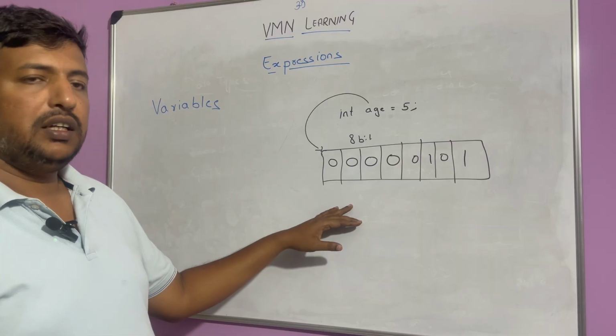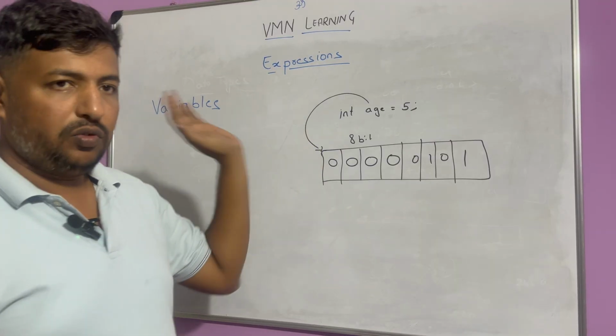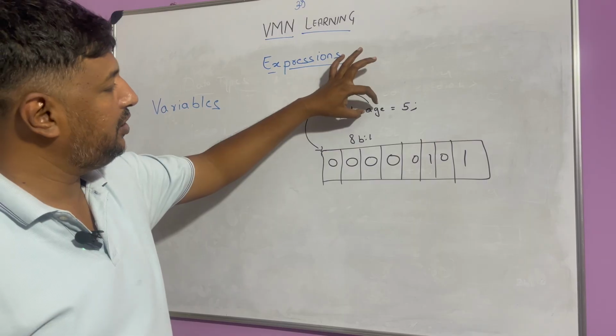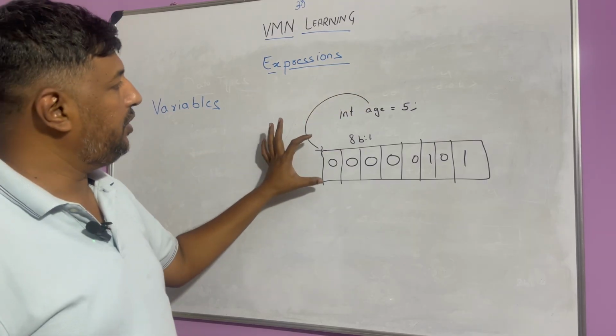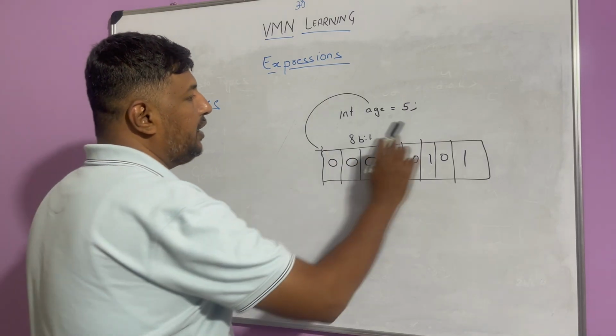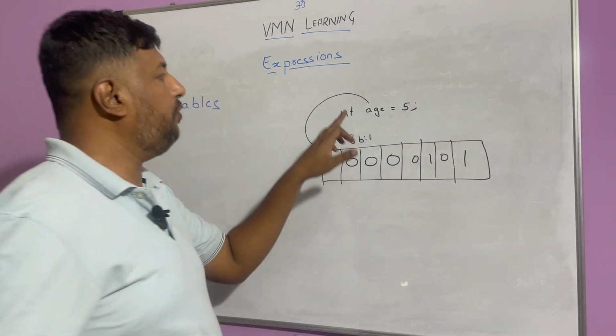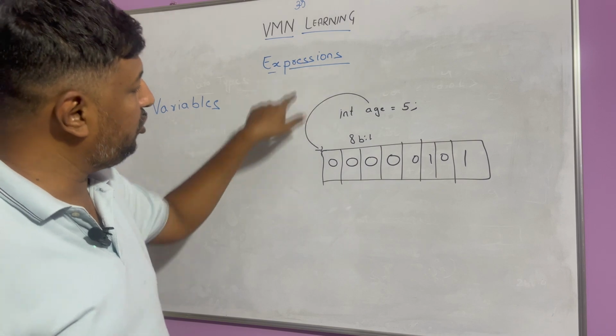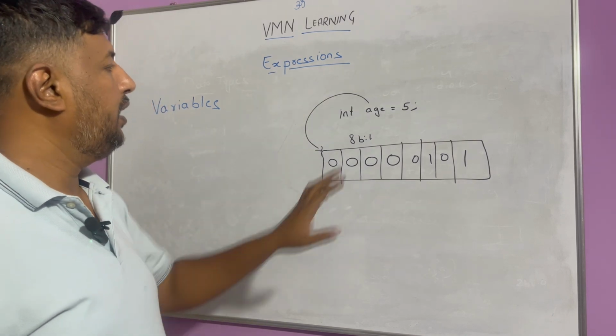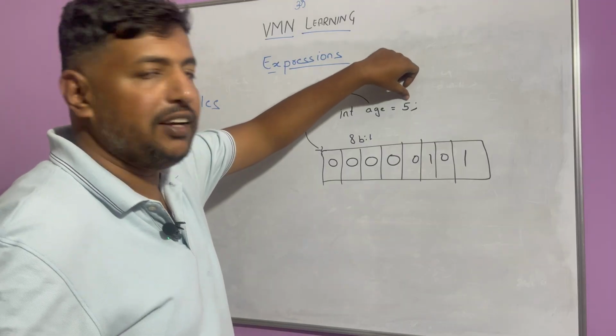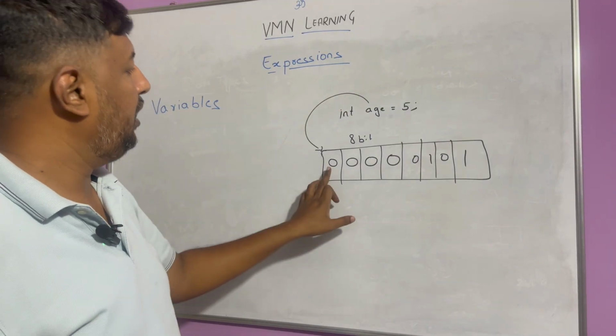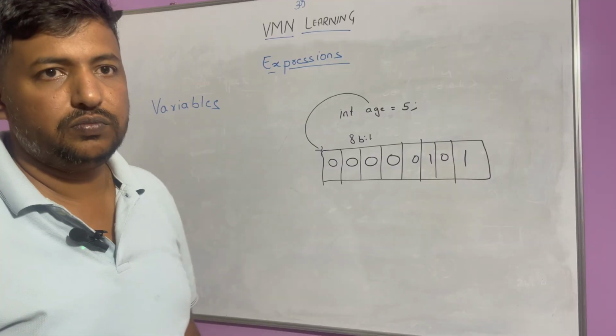When we initialize int age, it will create storage of 8 bits for the integer age. The age is always going to point to this. When I assign a value to it, it will store the value.